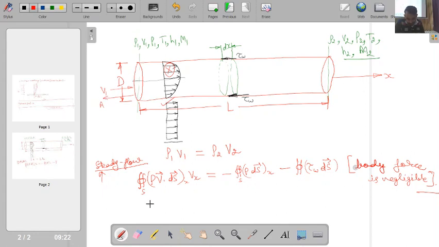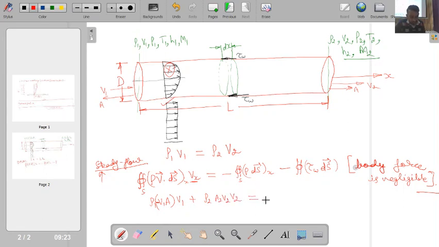So I will get rho1 times v1 into A, but this v1 into A will have a negative sign because both are in negative directions, and then Vx is in the positive x direction, so simply I will write it as V1. Plus, for the right face I have rho 2, and the area and velocity are both pointing outside, so both are in the same direction, so I will have A2 into V2, and Vx will also be V2.